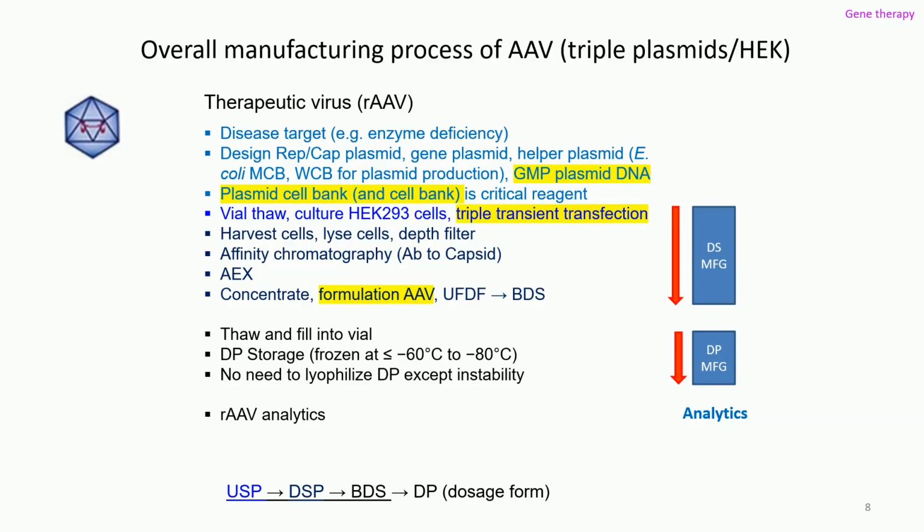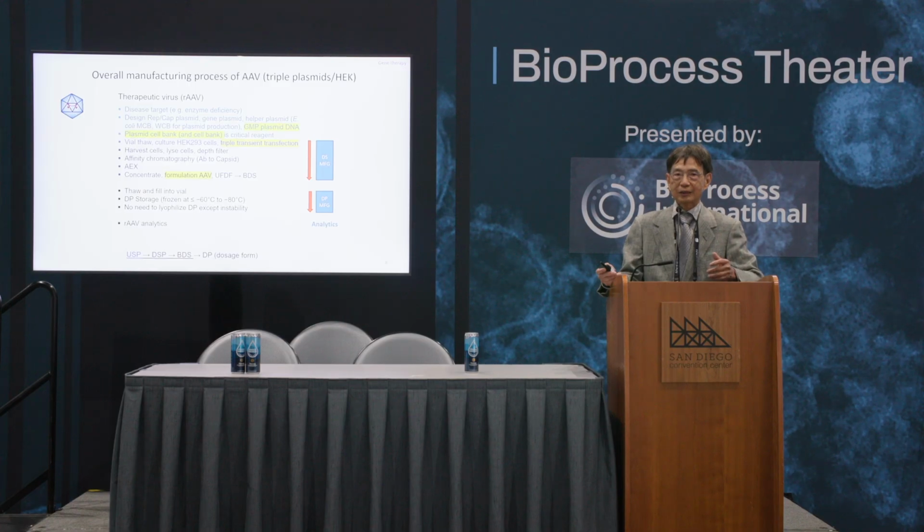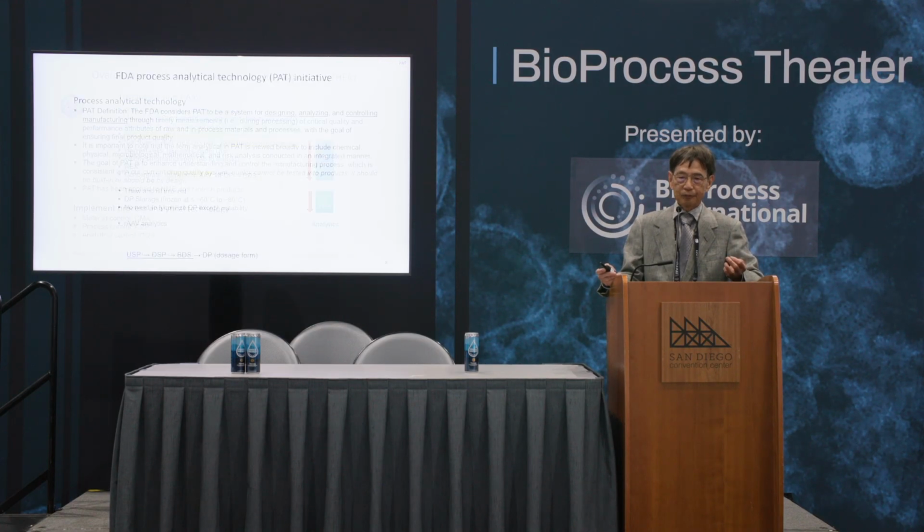At high level, you need to make a cell bank. The cell bank means plasmid DNA, which is E. coli, and you make a GMP material for the plasmid, and then you have to have a qualified 293 cell for the upstream and downstream, and analytical. So basically, even though it's a gene therapy, the overall process is very similar: upstream, downstream, and analytical.